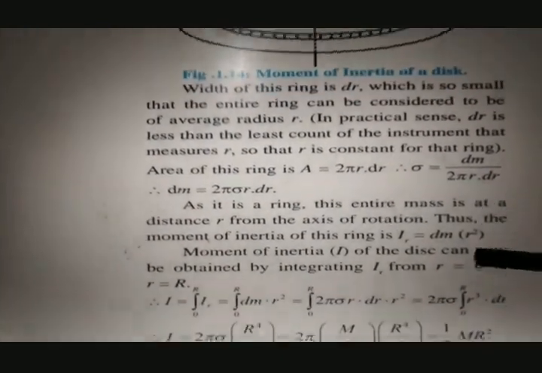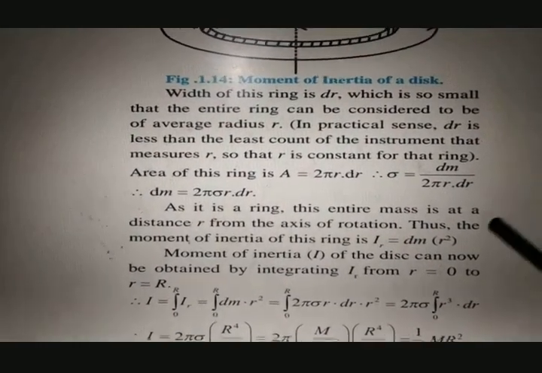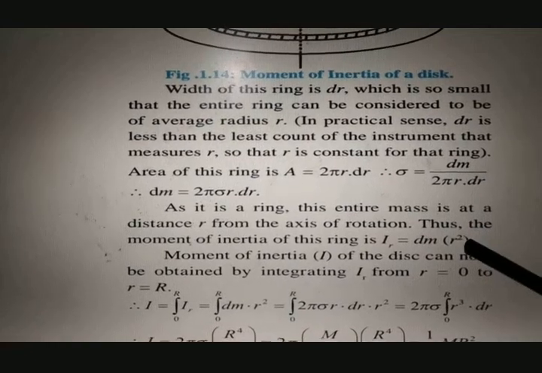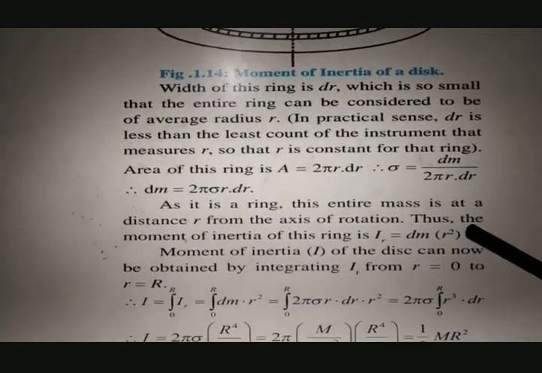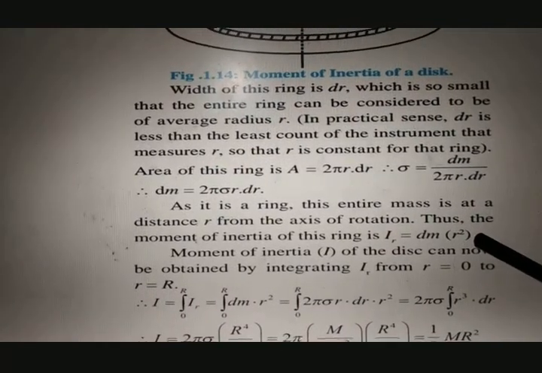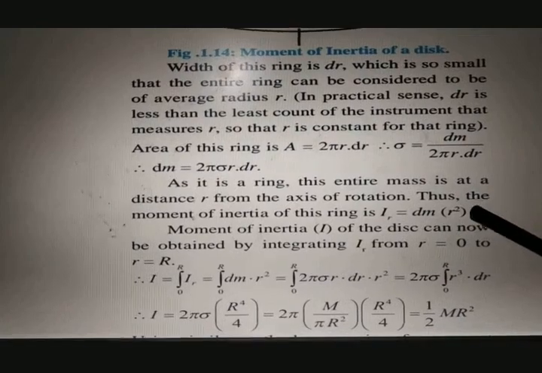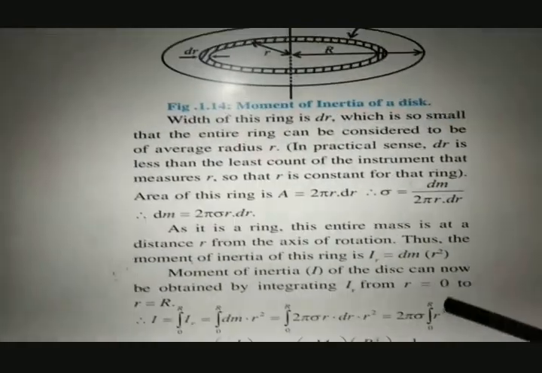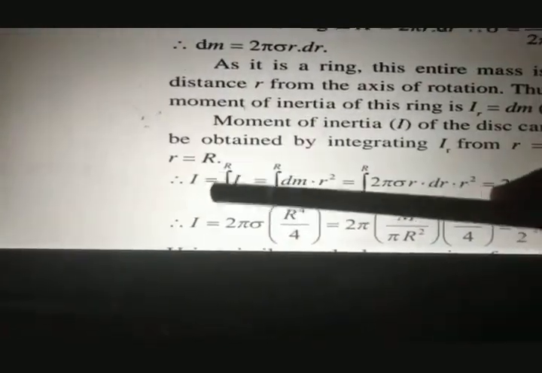Now what is the formula for moment of inertia? I equals integration of r square dm. I told you already that you use integration when it is a continuous distribution of mass. Here there are n numbers of concentric circles, and you don't know exactly how many there are, so we are going to use integration.